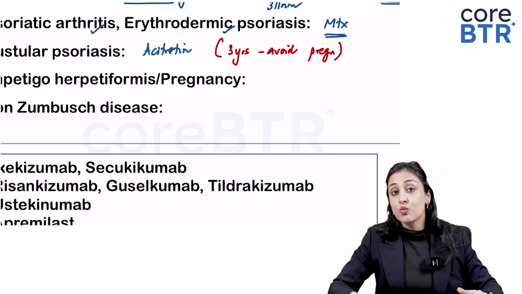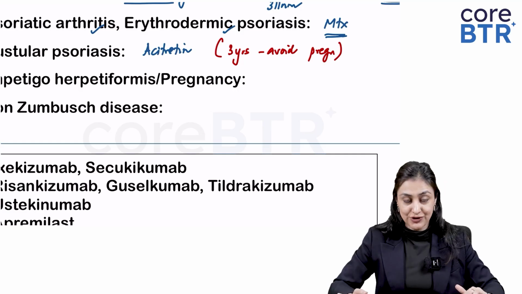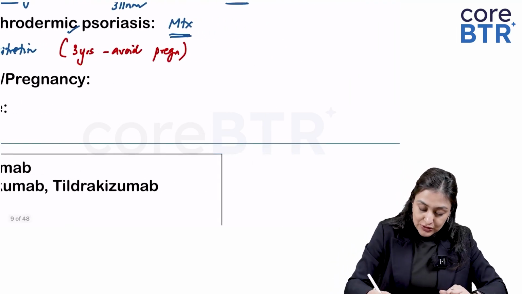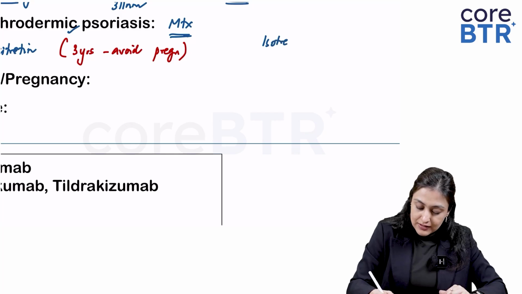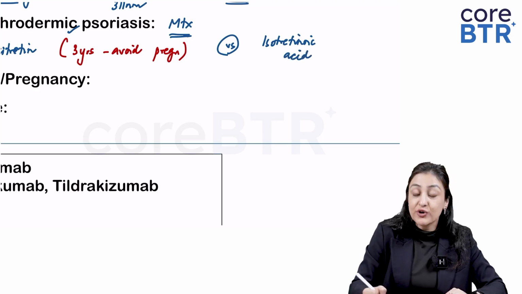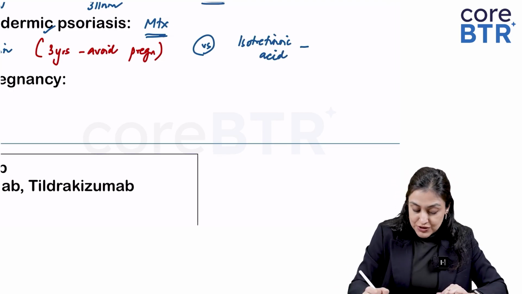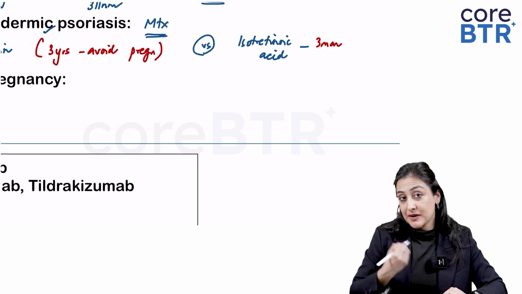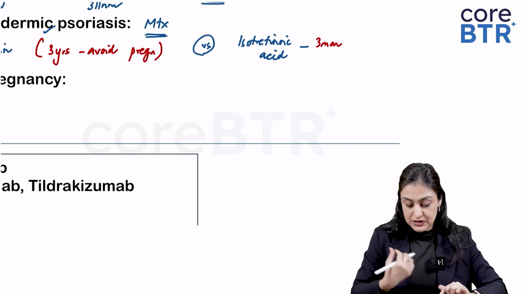So acitretin's washout period is 3 years, right? You'll remember that. You can also correlate this with isotretinoin, which we are going to study towards the latter half of this video. For nodulocystic acne, its washout period is 3 months, right? So 3 years, 3 months, both vitamin A analogs, right?